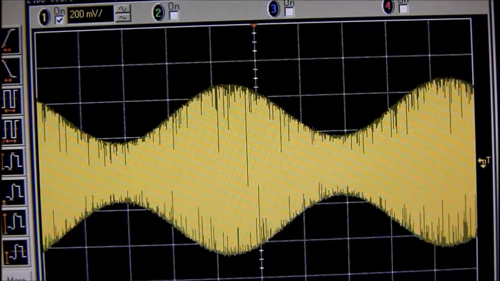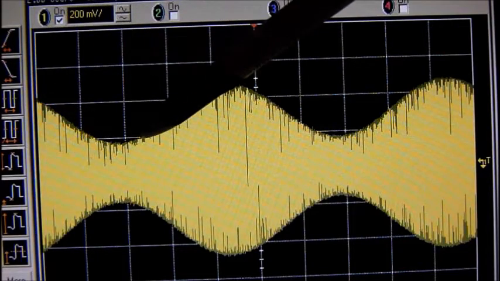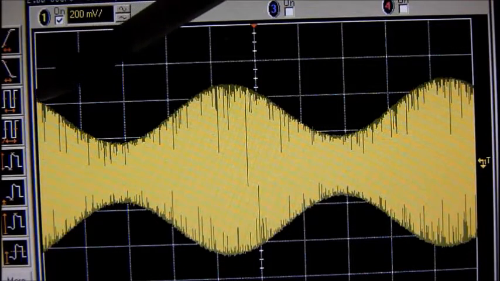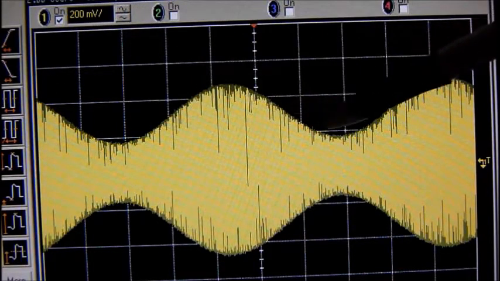As we know, for amplitude modulation large carrier, the signal information is embedded in the envelope of the transmitted signal. As we can see here, the information sinusoid is perfectly embedded in this envelope.